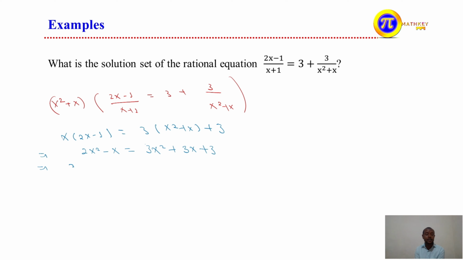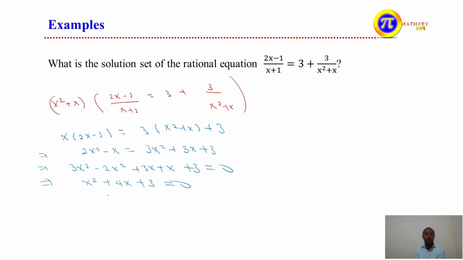This equals 3x squared minus 2x squared plus 3x plus x plus 3 is equal to 0. Which is 3x squared minus 2x squared, that is x squared, 3x plus x is 4x, plus 3 is equal to 0.